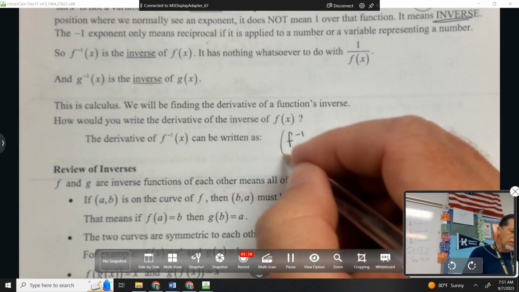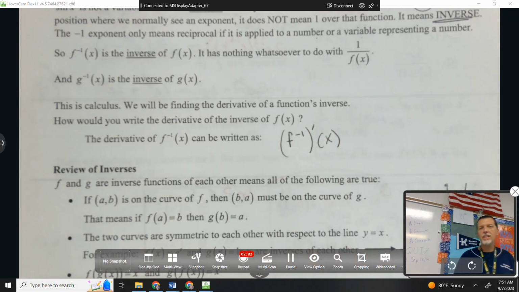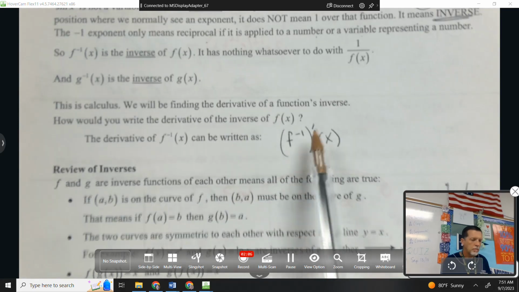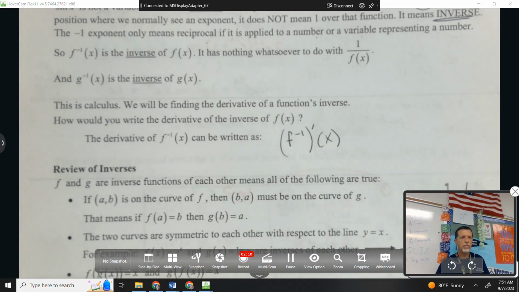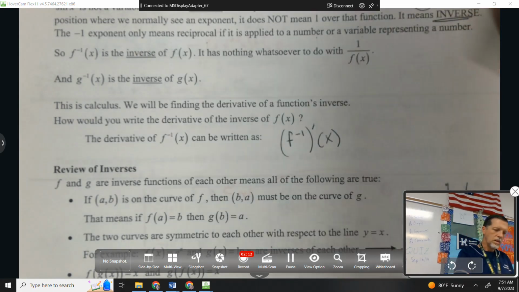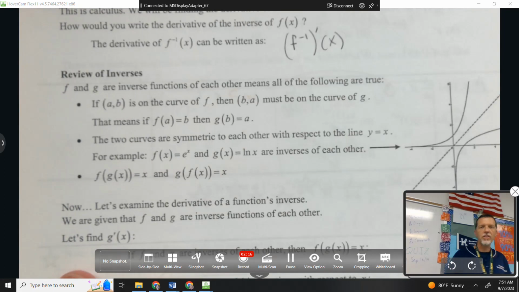So there's the inverse. There's the derivative of x. Marks all over the place. But that's the derivative of the inverse of f. That's not how to do it. That's just, again, getting our notation right.